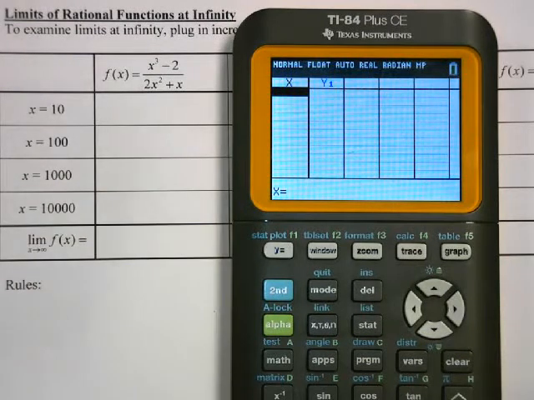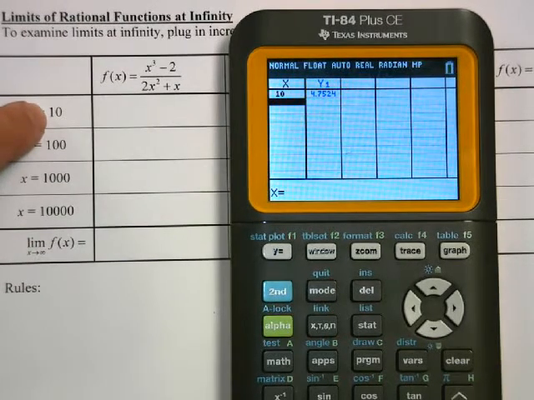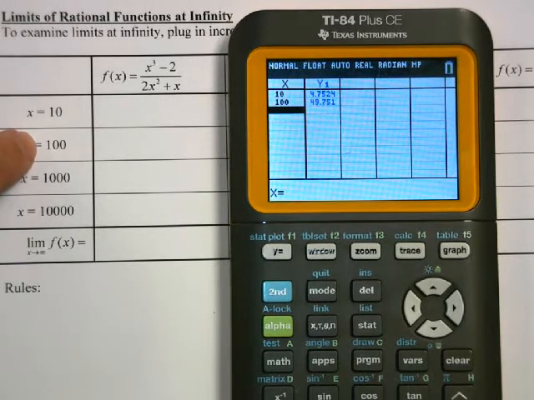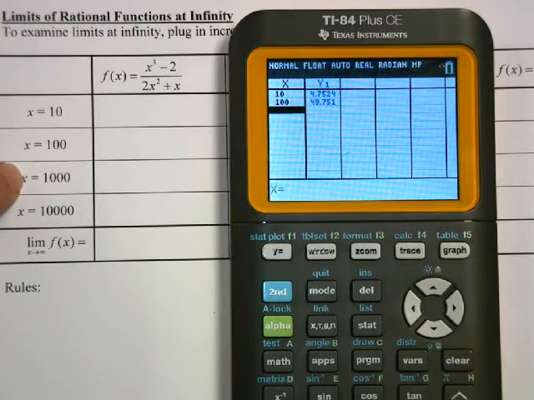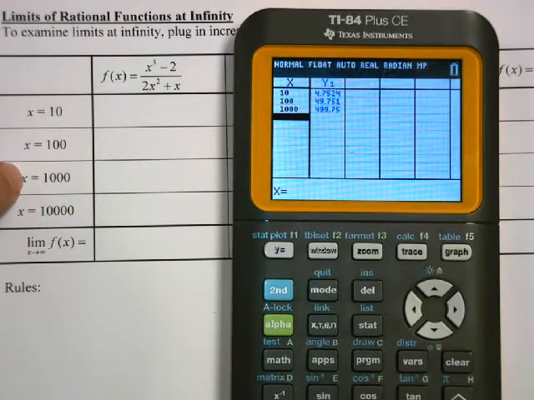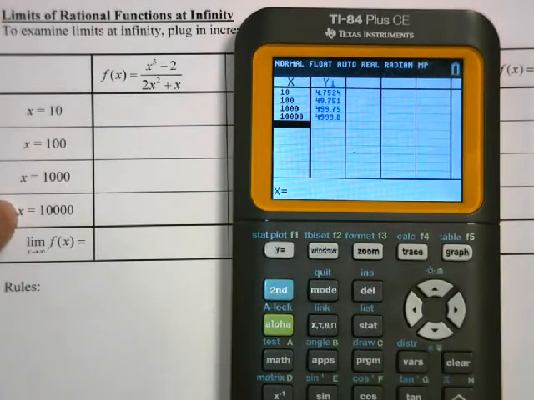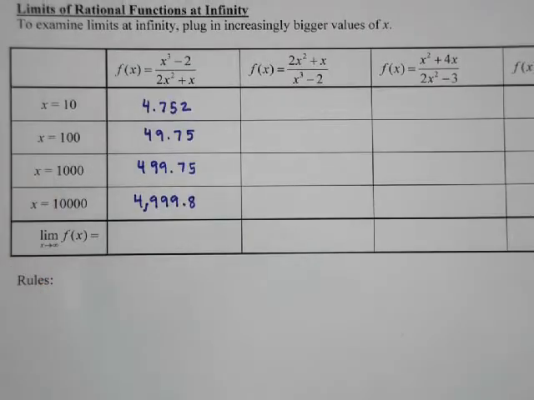So if I plug in 10, we get 4.725. If I plug in 100, we get 49.75. 1,000, 499, and 10,000, we get that.